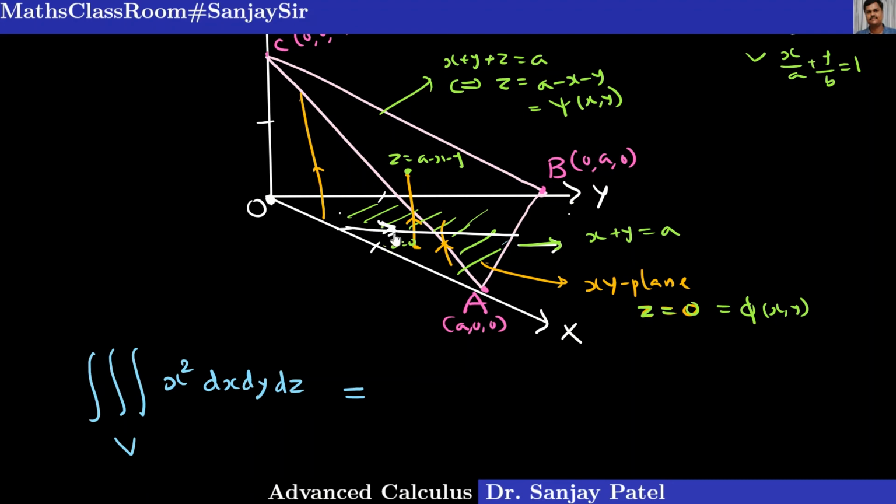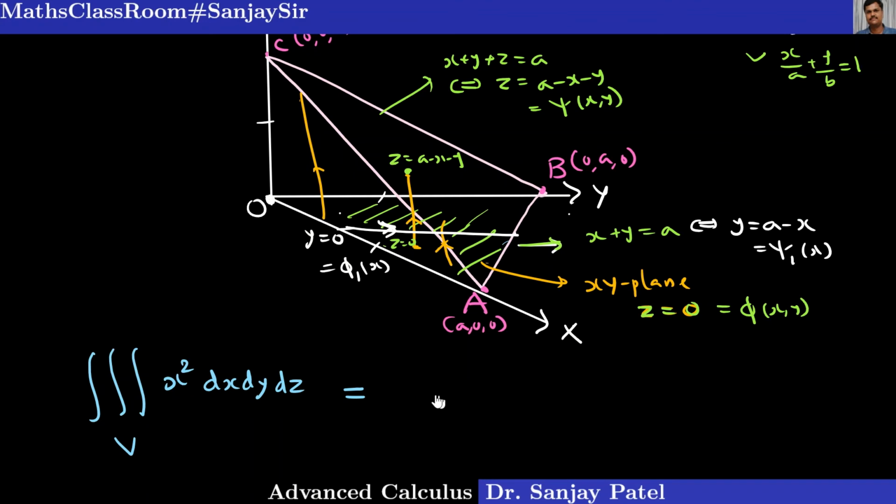Then for all positions of this strip, the left end curve is on the x-axis, where the equation of the curve is y is equal to 0, and the right end is this straight line AB, whose equation is x plus y equal to a, which I can write as y is equal to a minus x. So y is a function of x only. So y is equal to phi 1 of x to y is equal to psi 1 of x.